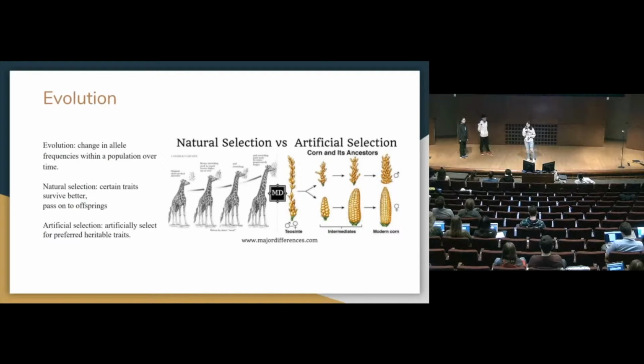And artificial selection is basically when humans artificially select traits that will be preferred in certain species. So here the example is corn.